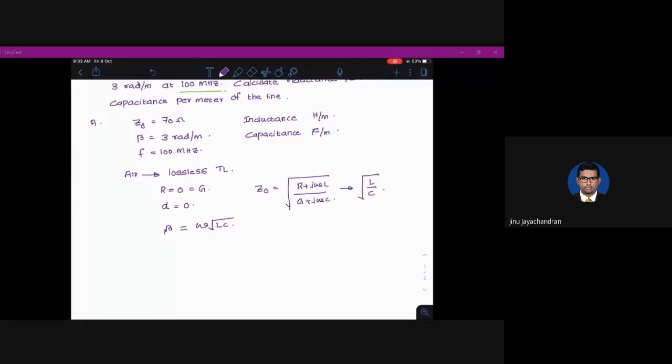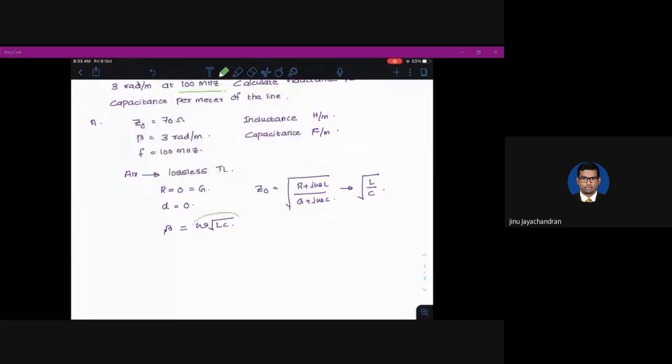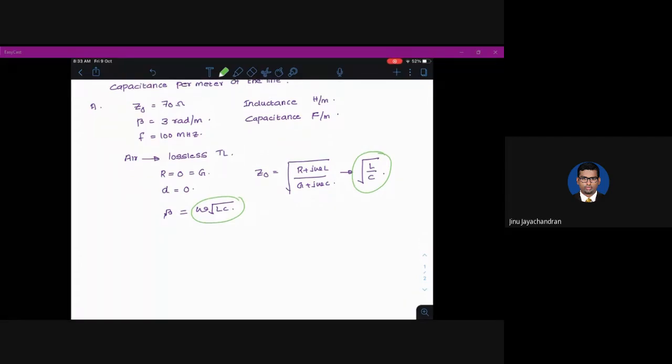Okay, so now you have two expressions in terms of omega, L and C. From here, you want to find out what is the value of L and what is the value of C. If you compare these two expressions, you can see that omega is there, the value of which is given, and the value of L appears here in the numerator, here also in the numerator.